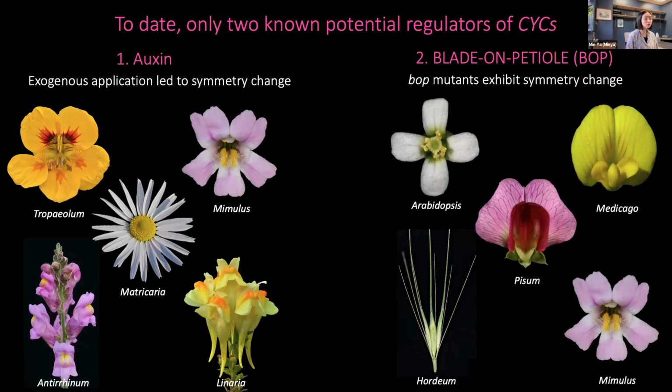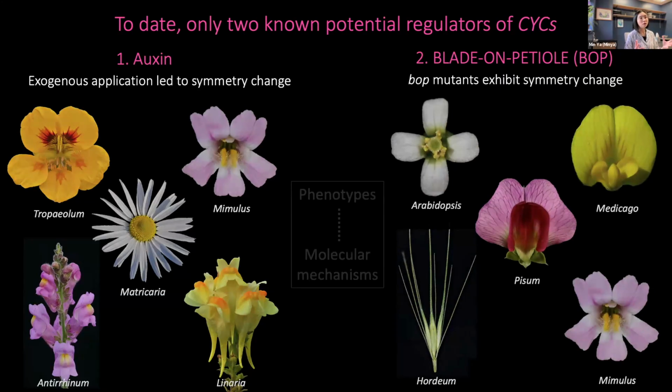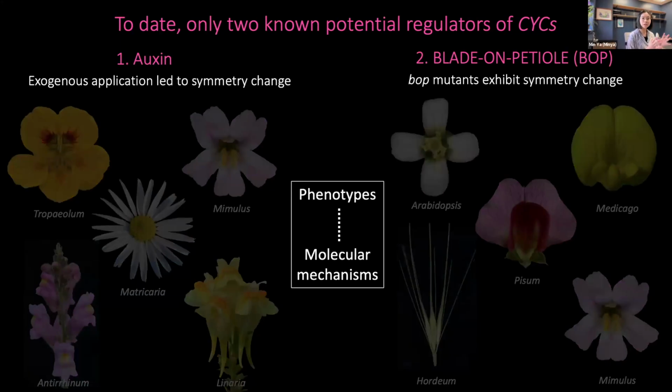But how those involvements are implemented at a molecular level is not known, because we're all facing the common bottleneck that phenotypic effects can be really hard to translate into molecular mechanisms. And to understand the molecular mechanisms, we need systems that have bilaterally symmetric flowers, but also are equipped with proper tools.